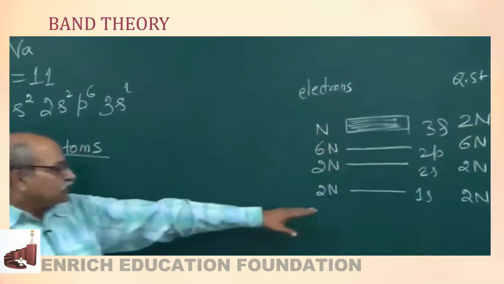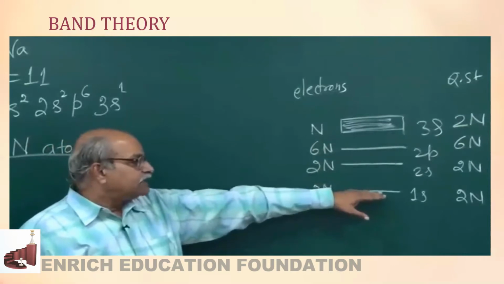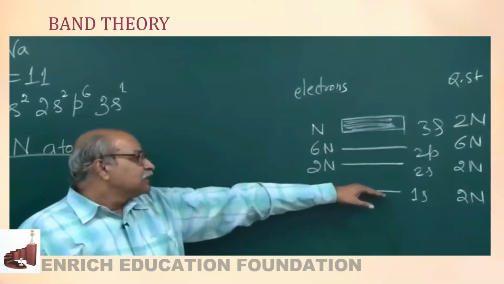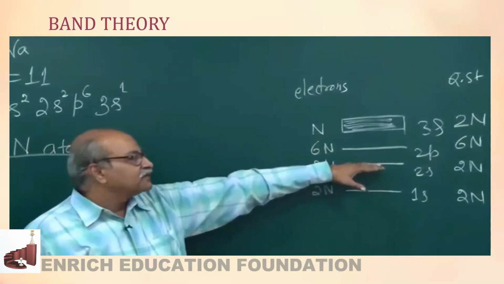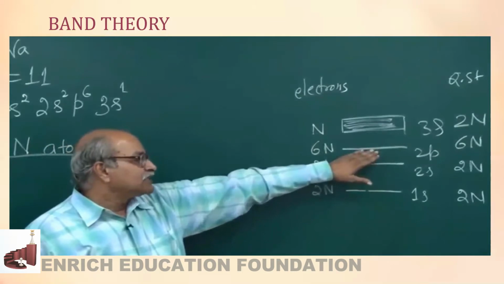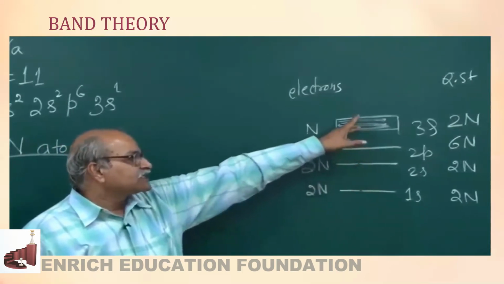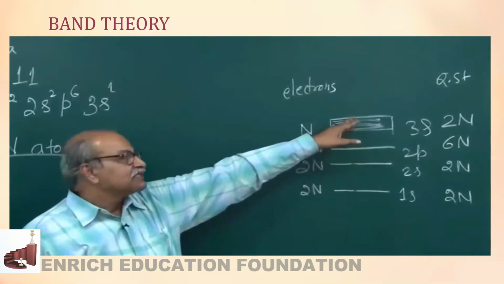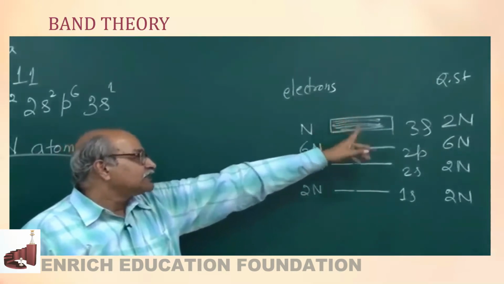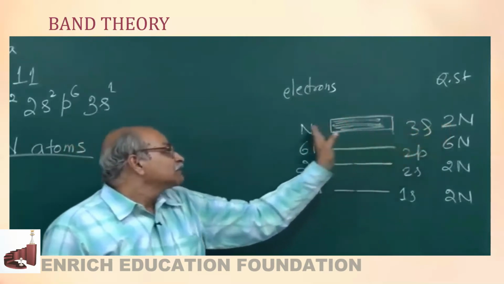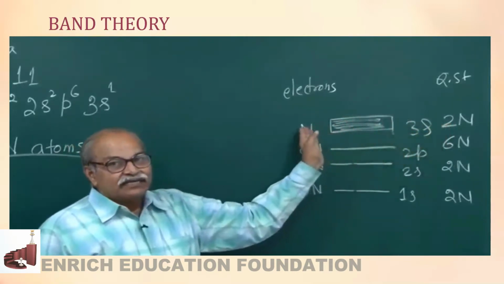So this 1s band is completely filled, 2s band is completely filled, 2p band is completely filled, all quantum states are having electrons, but this 3s is not completely filled, this is half filled. There are 2n quantum states, but there are only n electrons.